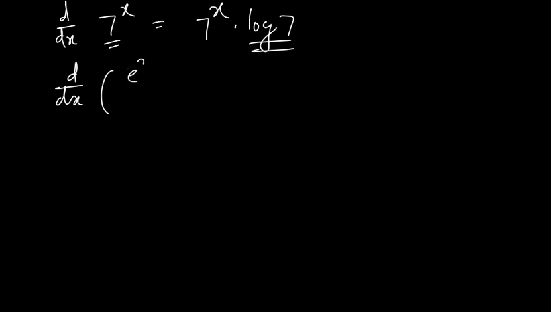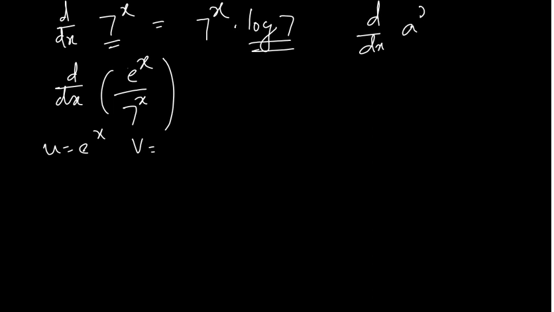So e power x divided by 7 power x. So u is e power x. How is the log? That is a rule, no? The rule is this: d by dx of a power x is a power x into log a. Okay, that's the rule. Here v is 7 to the power of x.